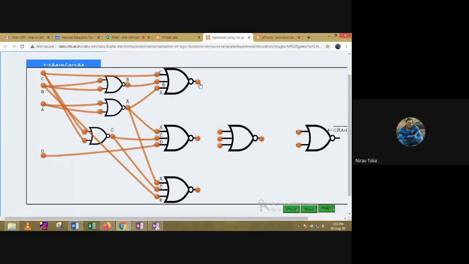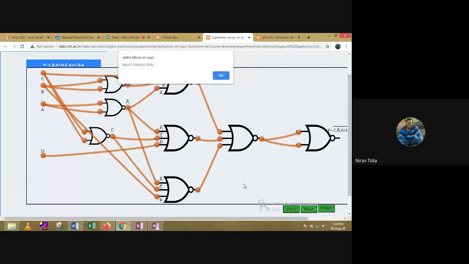Now all the outputs are connected to the another input of the another AND gate, or sorry, NOR gate. Then this we have to connect and click on check, it's right connection. So you can do by yourself also, okay? Each and every example is very easy to perform by yourself also.